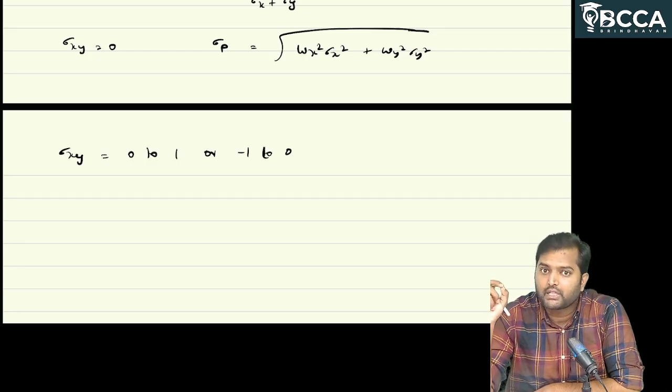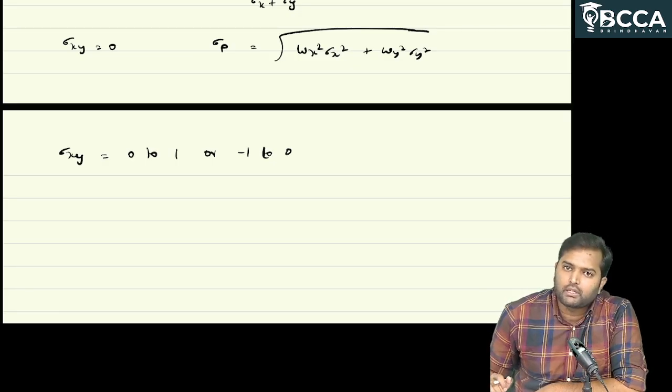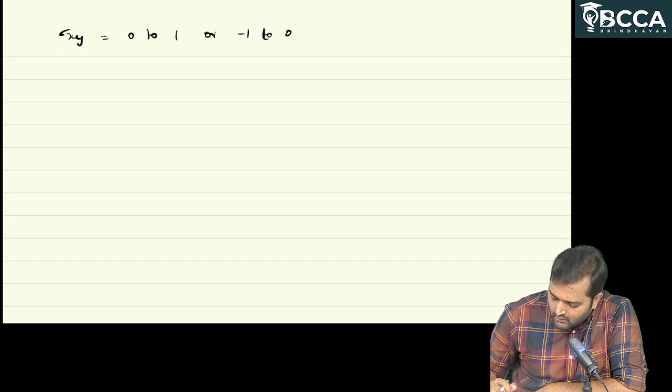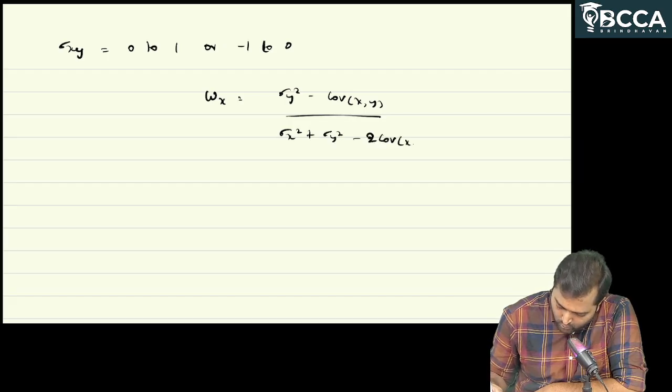So when correlation coefficient is other than minus 1, then risk cannot be reduced to 0, but risk can be minimized. So for that, weight of x is equal to sigma y square minus 2 covariance of x comma y.